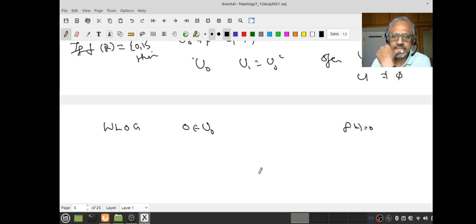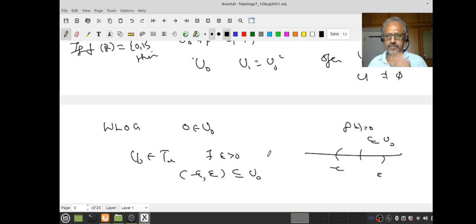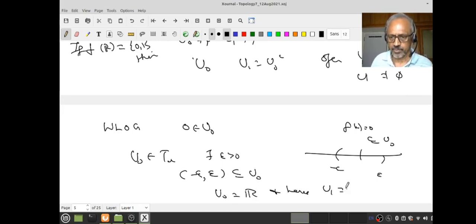Now since U0 is in tau u, there is an epsilon positive so that minus epsilon to plus epsilon is contained in U0. What I plan to show is that U0 is all of R, and hence U1 must be empty. But this is a contradiction.